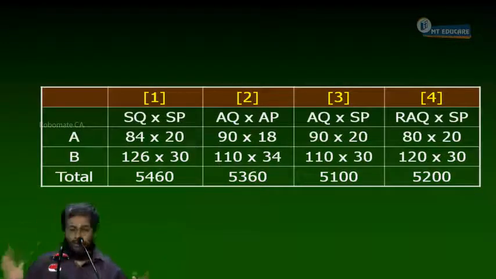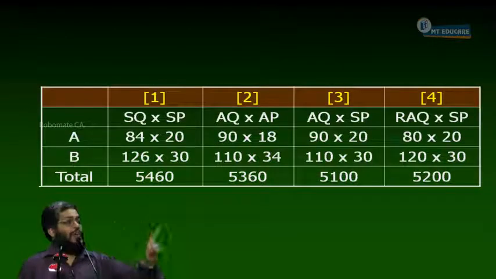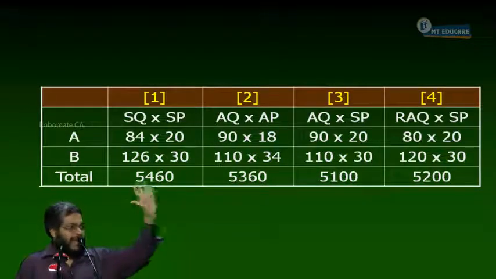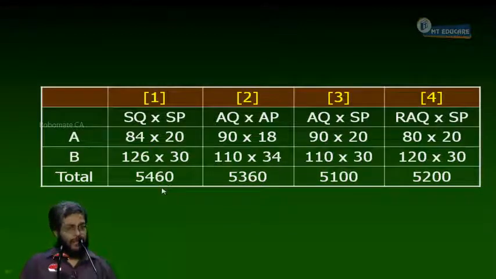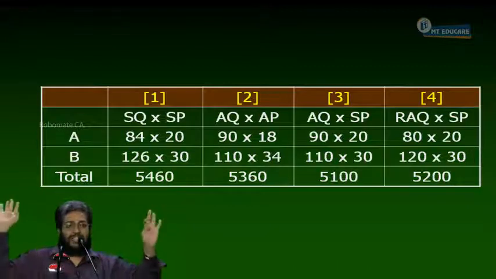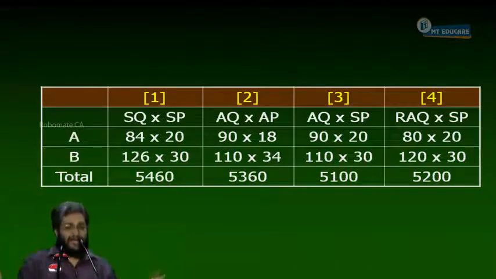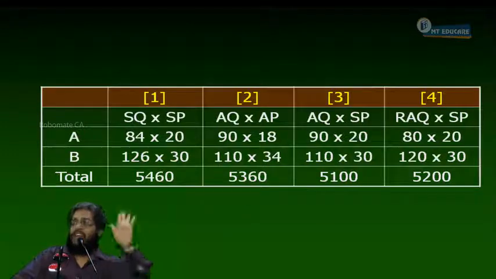For my actual output of 189 kg, I should have spent 5,460 on raw material, but I have spent only 5,360. Have I overspent, underspent, or correctly spent? Underspent. I have saved 100 rupees, and the material variance is 100 favorable.